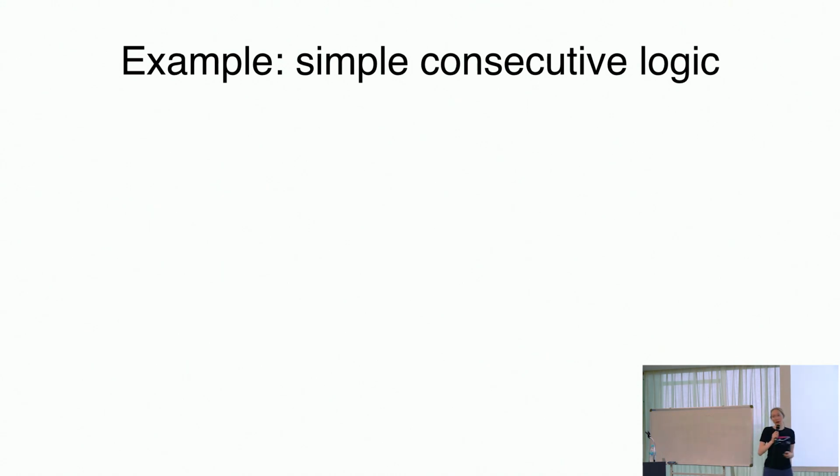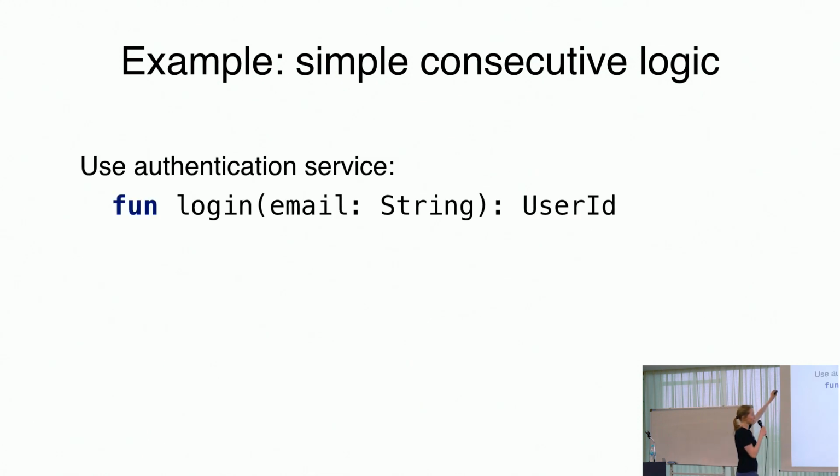Example. Let's say we have simple logic. We do actions one after another. At first, we use some network request, some authentication service, to load the ID for our user, given his or her email.